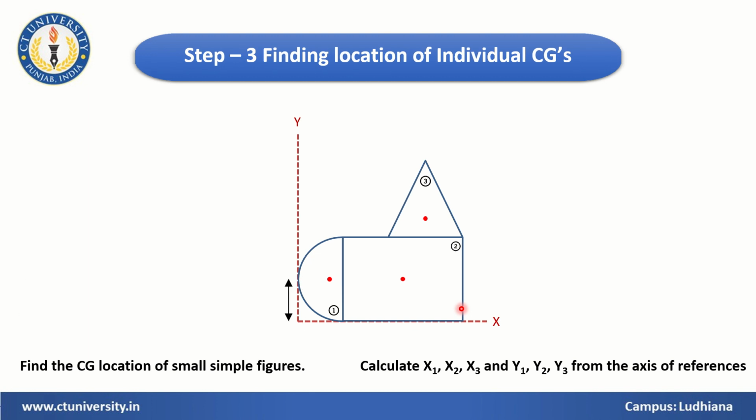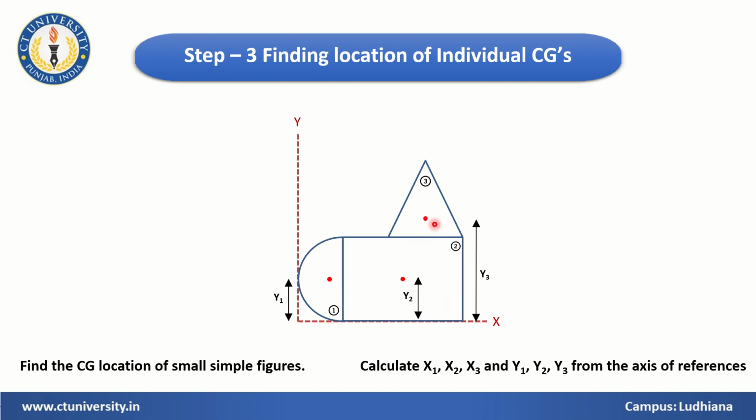Now we need to find similarly y1, y2 and y3. y1 corresponds to the distance of this individual CG from this axis. So this is your y1, and it will be at half of the semicircle. Similarly, y2 will be this distance, again at half of the rectangle, right? And third, we need to find y3. You know this will be h by 3 from the base of the triangle.